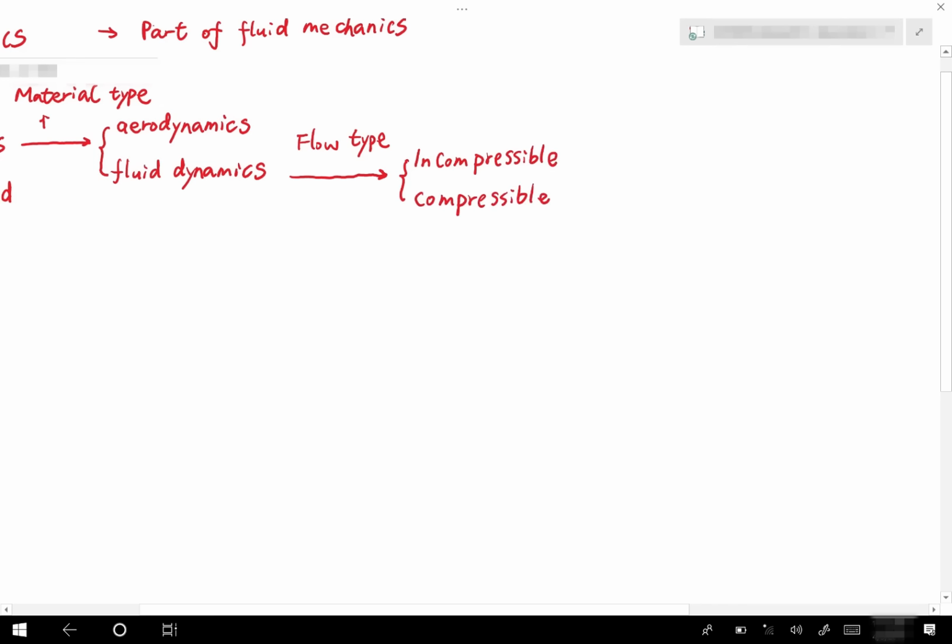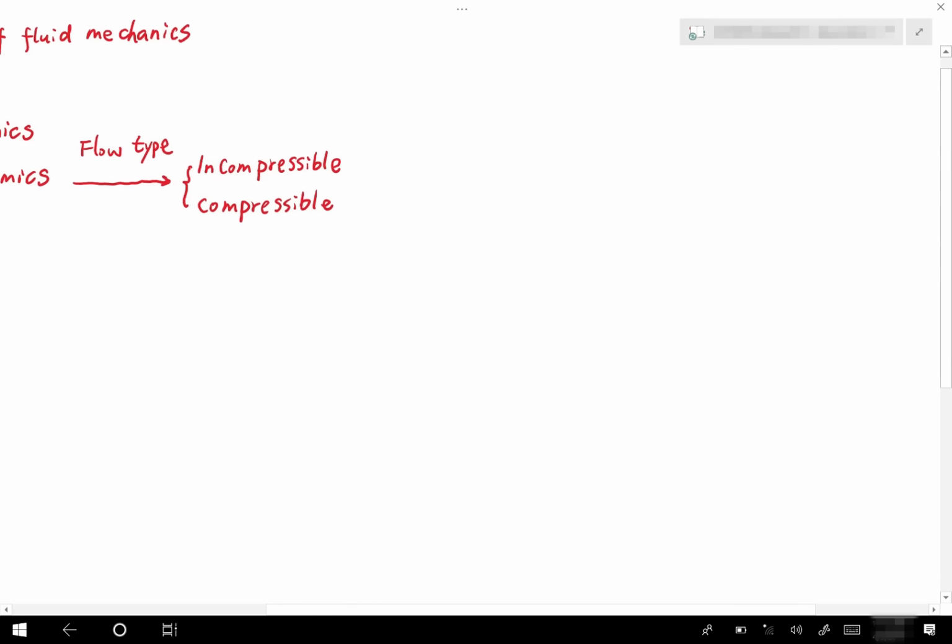These two words are not difficult to understand. If it's incompressible, that means if we apply stress or pressure to the fluid, the volume of fluid will not change. Mathematically, it just means that rho, the density, is a constant.